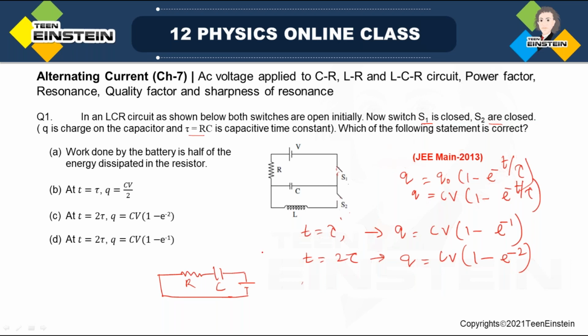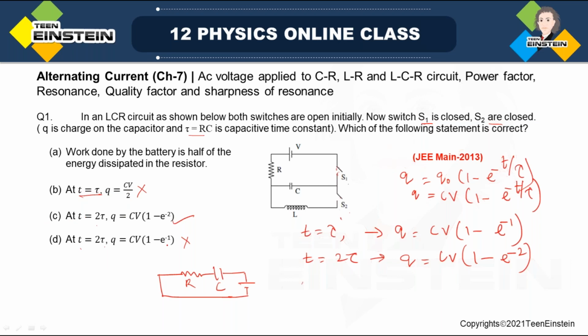So now look, it is not going to become CV by 2 at t is equal to tau. So the correct answer is, at t is equal to 2 tau, Q is this. So this is also not true, this is also not true.